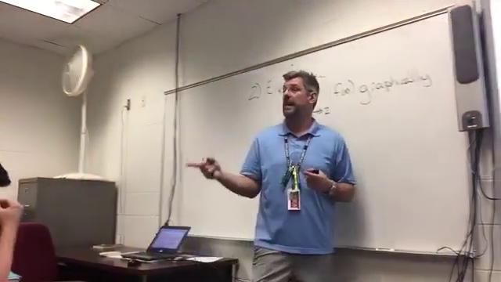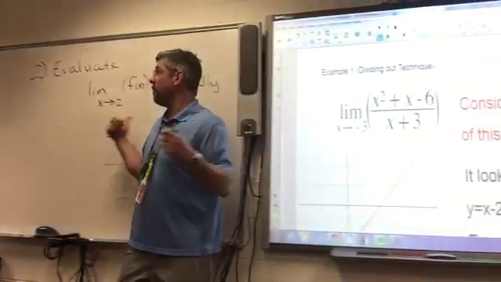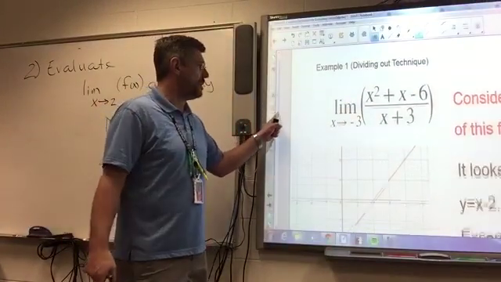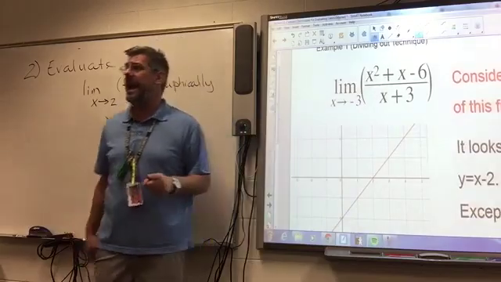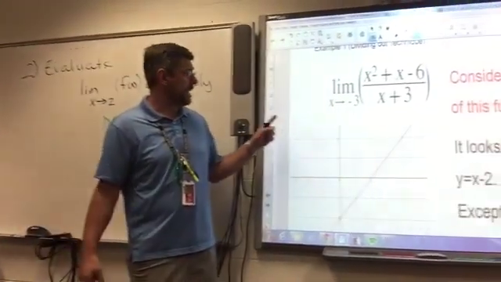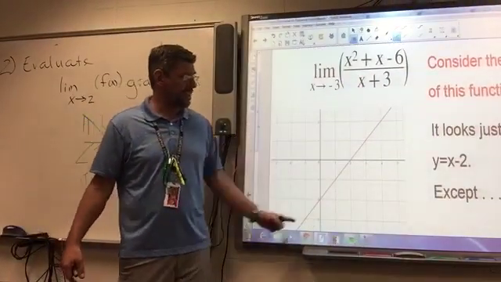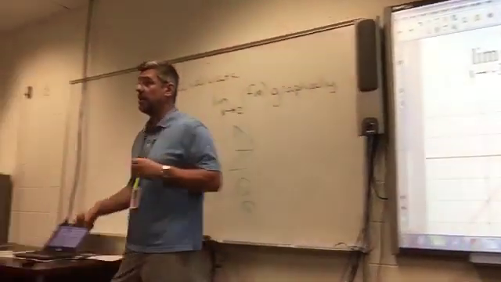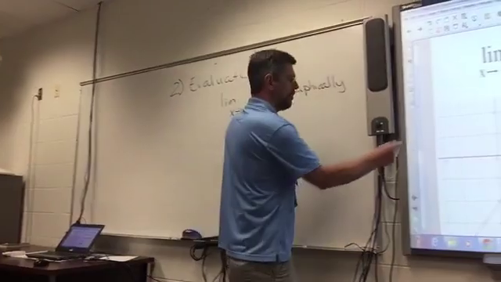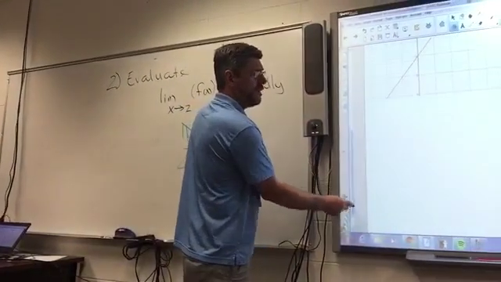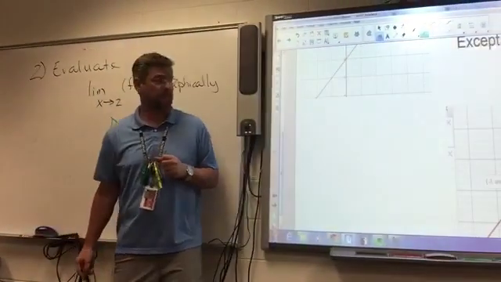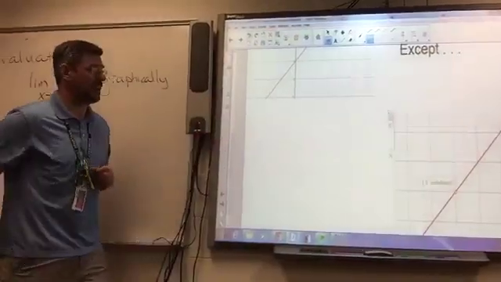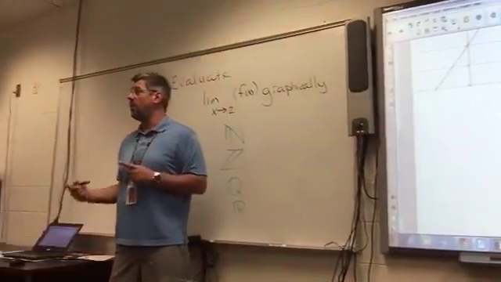Now, one method, and this should give you, remember problem 2 on the graph in the quiz? This should look a lot like that, right? And when we graph it, it looks a lot like the line of y equals x minus 2. Except there's one problem. There's a hole in that function, right? That's what I tried to make abundantly clear right there. So what do we do?